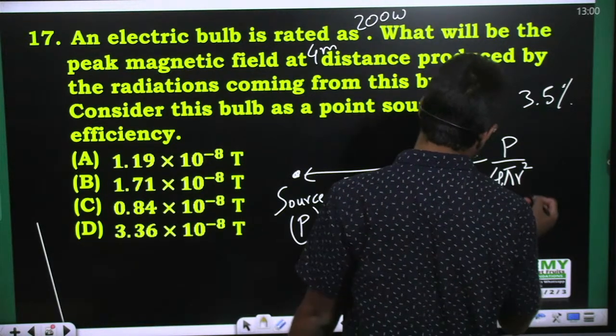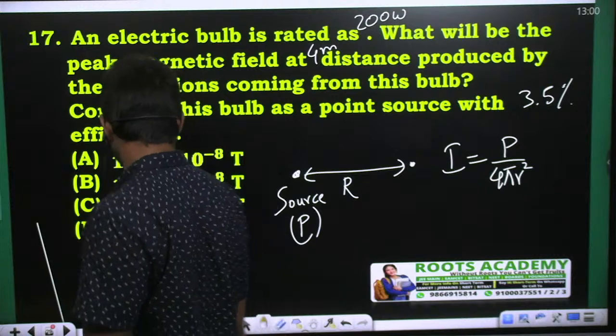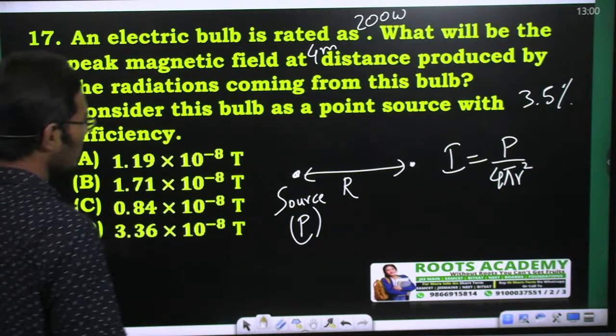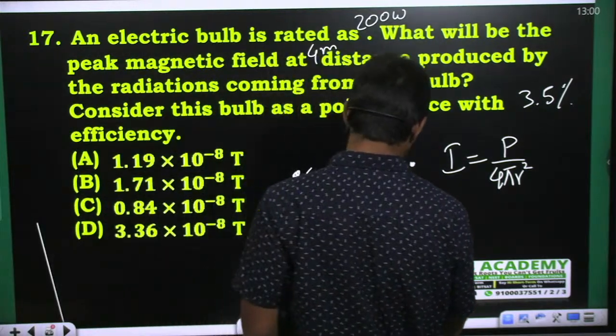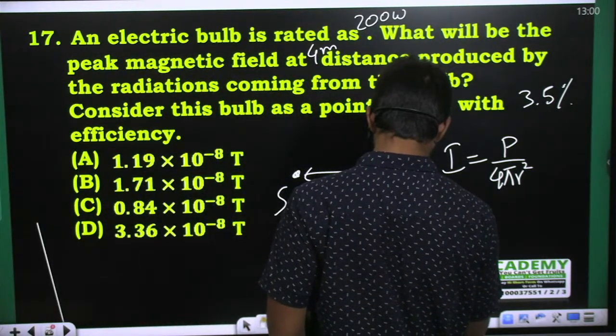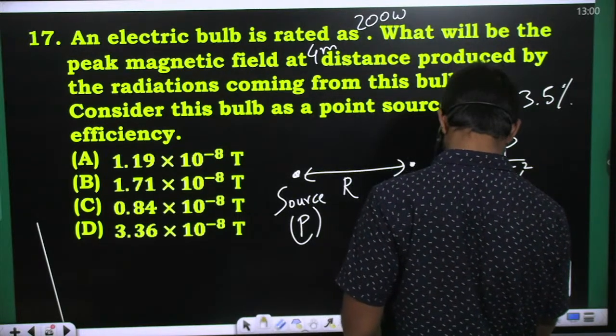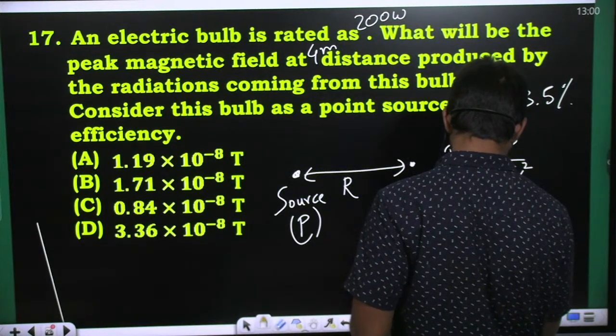What is 4 pi r square? This is surface area. So we have a relation between magnetic field and intensity, that is I by C is equal to B naught square by 2 mu naught.